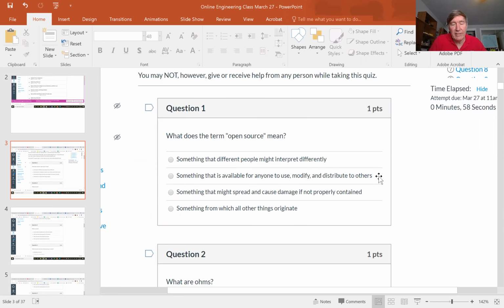Open source means it's something that is free and available for anybody to use. You don't need to have a special license, special permission. And the reason that open source is important for Arduino people is because the Arduino code is open source. That means that anybody who wants can use the Arduino program. You don't have to pay a licensing fee, and people can contribute good ideas.